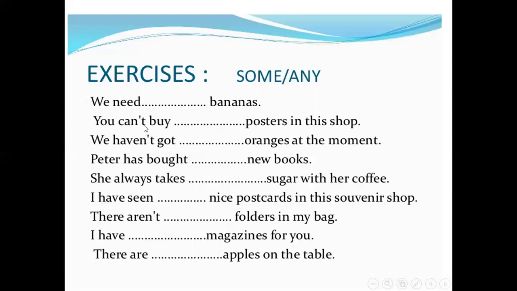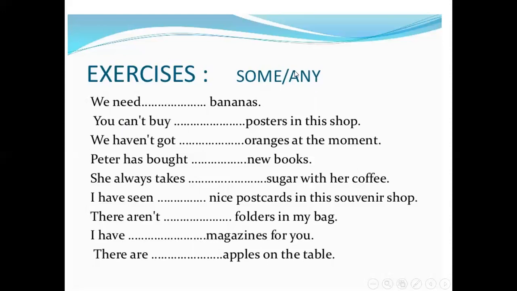So we come to the second example. You can't buy space posters in this shop. Posters here is a countable noun, but the sentence is negative because of the not after can, you can't buy.